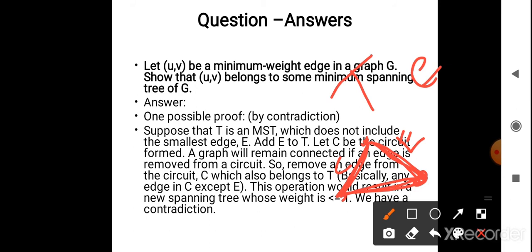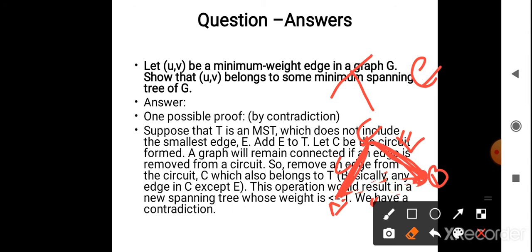So suppose we are removing this edge. Here it is A, B, C. So we are removing the A, B edge. Then after removing this edge from this circuit C, it's also a connected graph. Suppose here we remove this, all the edges are still connected.